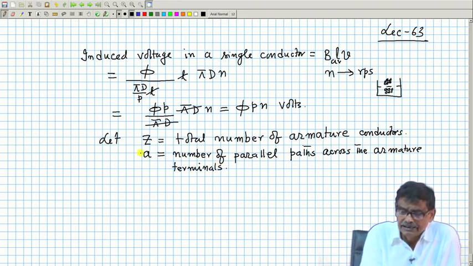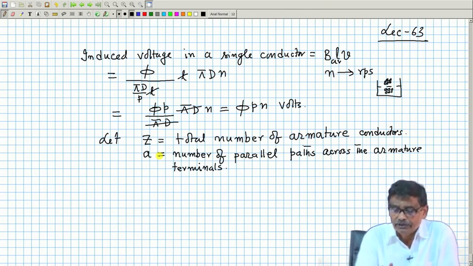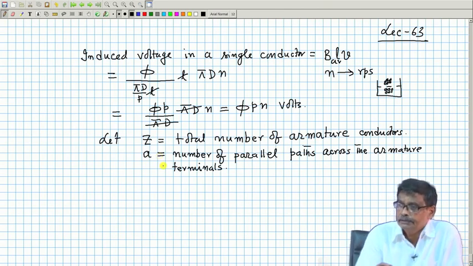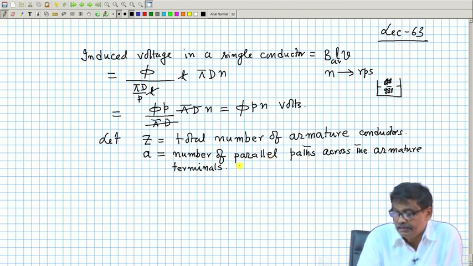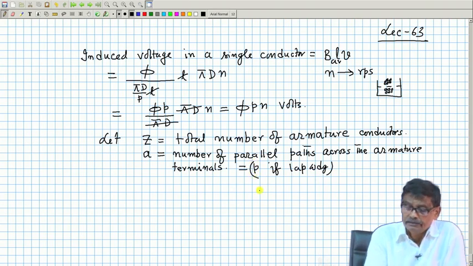So I take a general case, because I have not yet investigated wave winding, maybe the number of parallel paths will be different. So, that is why a general variable name is given for the parallel paths. I am certain about one thing, that this is equal to P if lap winding, this much I am sure about. So, better use a general variable name for parallel paths.